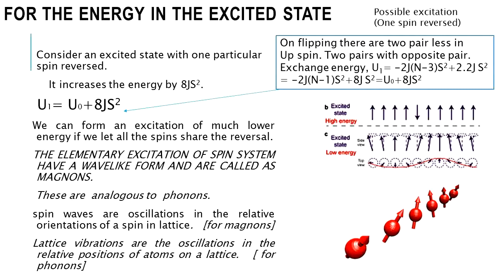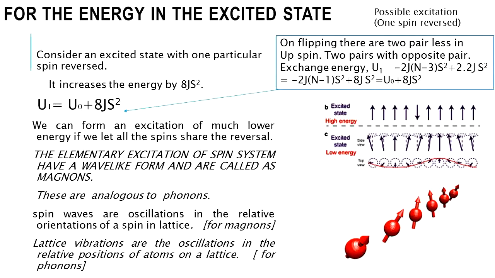So we can take it as U0 plus 8J S squared. That is the new exchange energy. Hence we can see that on spin reversal, the exchange energy increases by a factor 8J S squared.